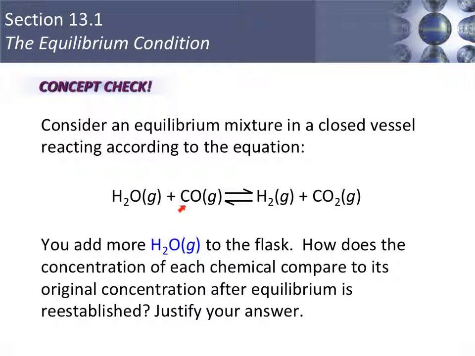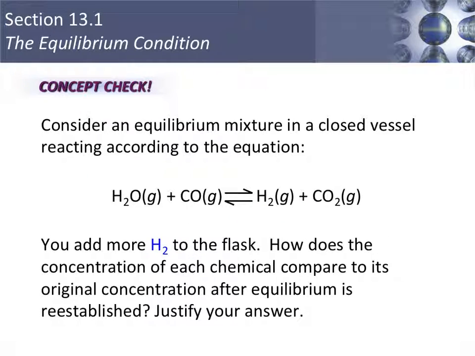In order for some of the water to react, the carbon monoxide will have to decrease, and consequently the hydrogen and the CO2 will have to increase some. So this one is increase, then decrease, but still it's going to be more than the original amount. This one's going to decrease from its original amount or concentration, and these two will both increase.